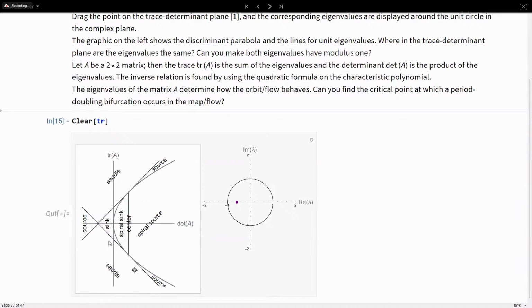And there's a map you can make of where different properties lie. For example, if the points are on the unit circle, you're on the center.